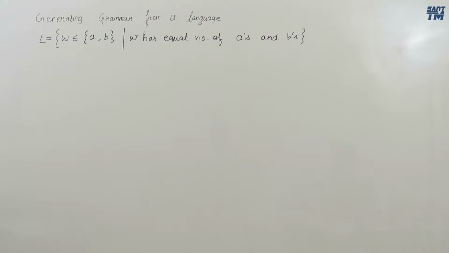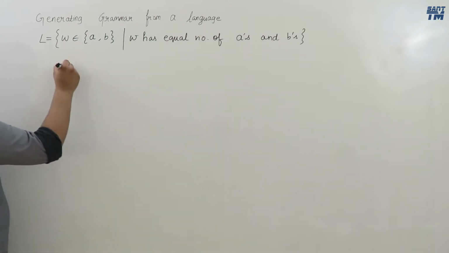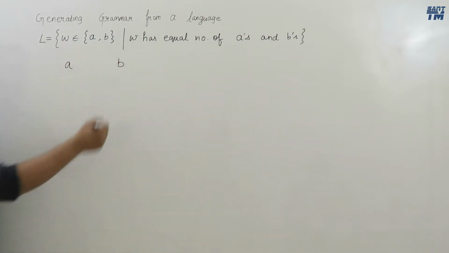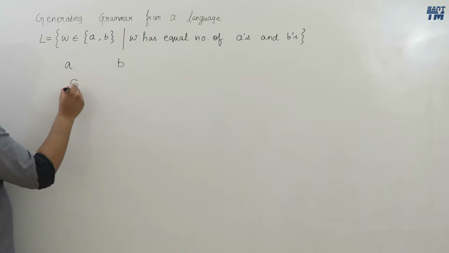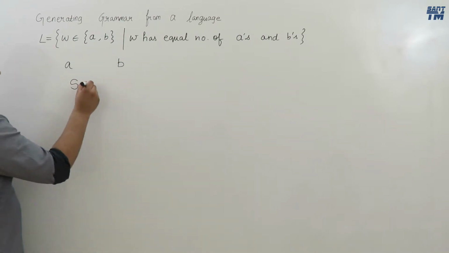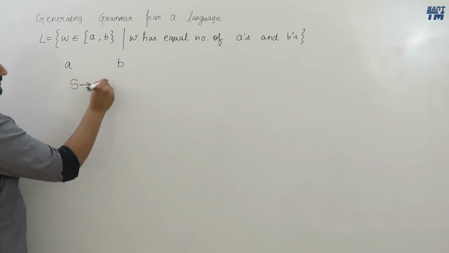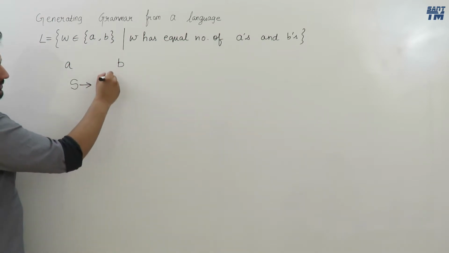So it can have strings that can start from A or can start from B. String can start either from A or from B. These are the only two options. So we can have our first production rule like start symbol derives A, the string starting with A followed by a non-terminal.